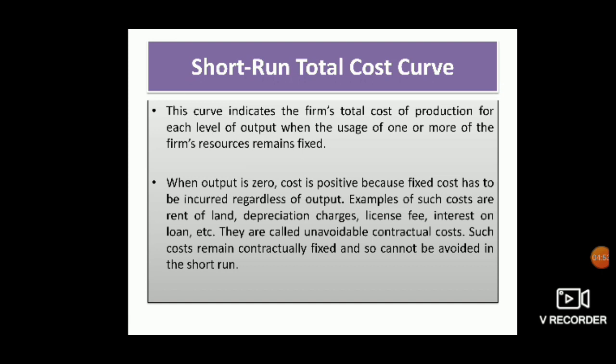Even if the firm closes down for some time in the short run but remains in business, these costs have to be borne by it. Fixed costs include such charges as contractual rent, insurance fee, maintenance cost, property taxes, interest on capital employed, manager's salary, watchman's wages, etc.